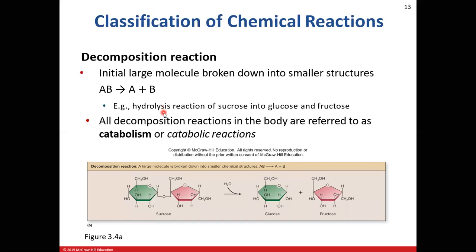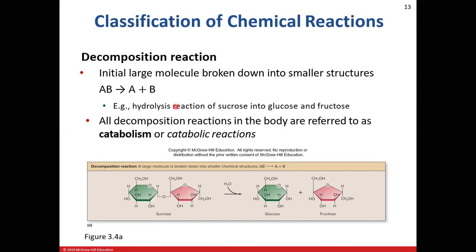This would oftentimes be a hydrolysis reaction, in which our example here is going to be sucrose. So sucrose is a combination of both glucose and fructose. So if we go through hydrolysis, we're adding water, and so we are going through a decomposition, or in this particular case, a more specific reaction called hydrolysis.